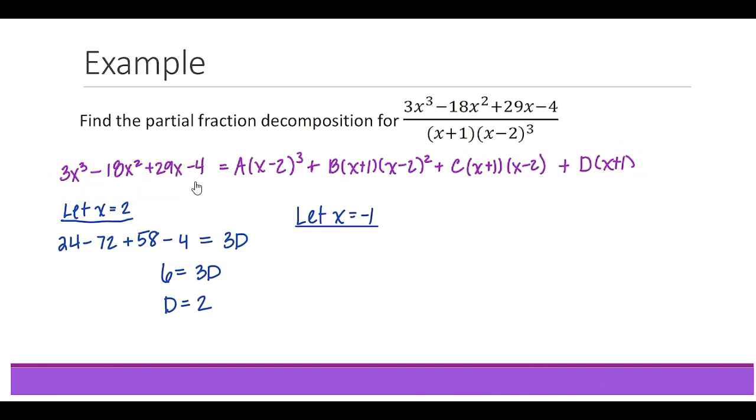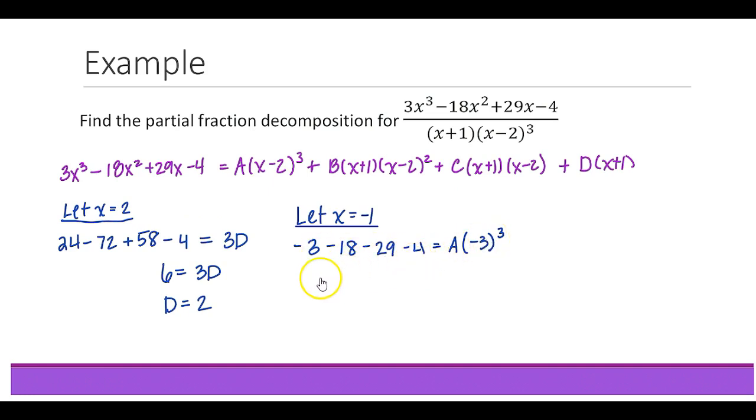And so that's going to make this left-hand side be, let's see, negative 3, and then minus 18, minus 29, minus 4, so just plugging in a negative 1. And again, these three terms with quantity x plus 1 are gone, so we're just plugging in a negative 1 into this x, so that's going to give me a, and then times negative 1 minus 2, so we have negative 3 cubed, or negative 27.